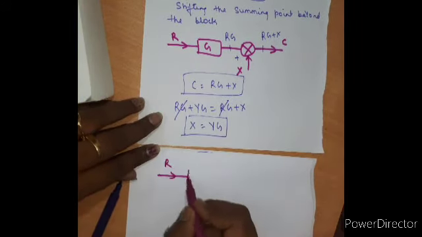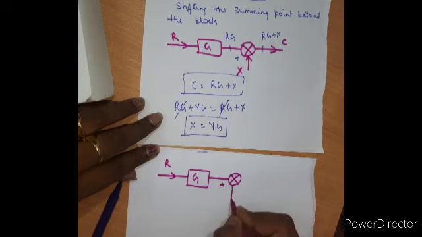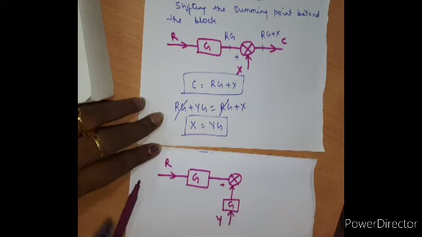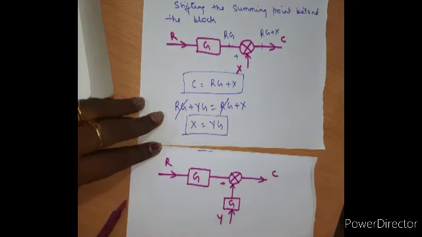Input R, I have a block of G, then I have a summing point, plus here I am going to add a block of G with an input of Y. Then I'll have C. Now see the expression.